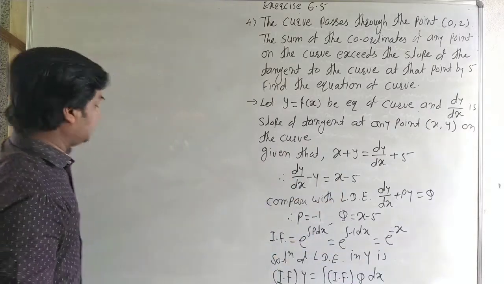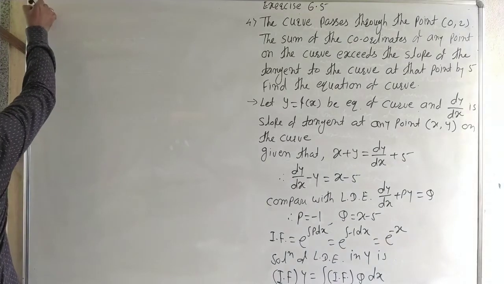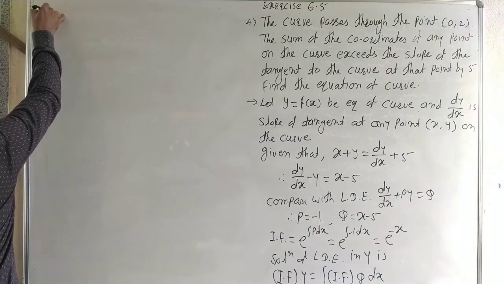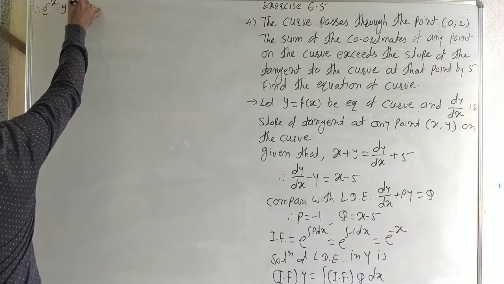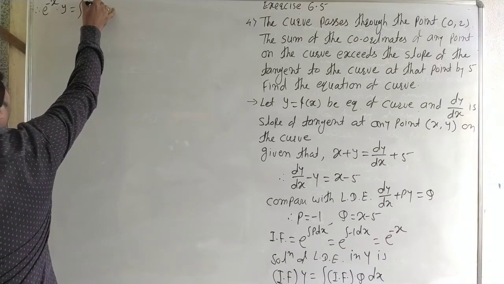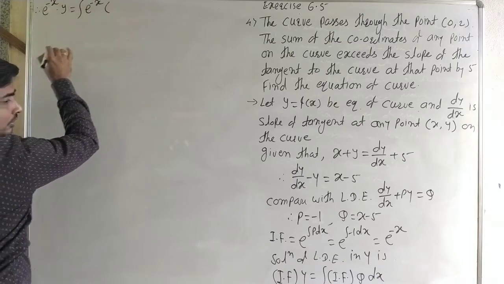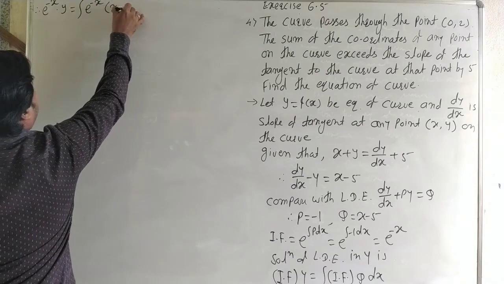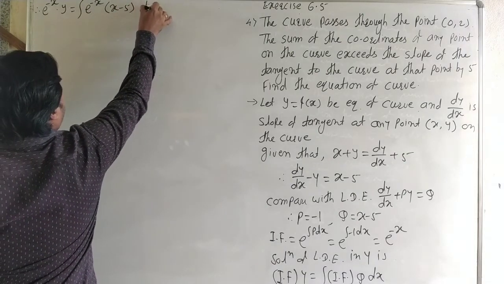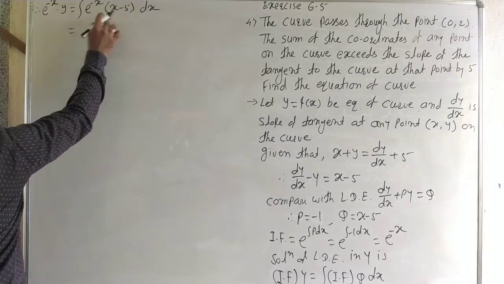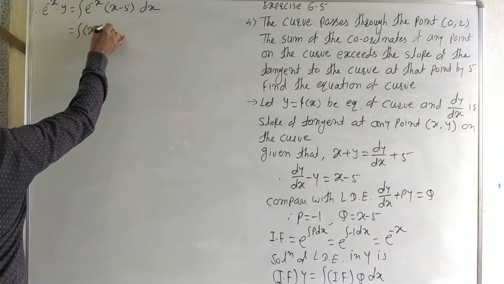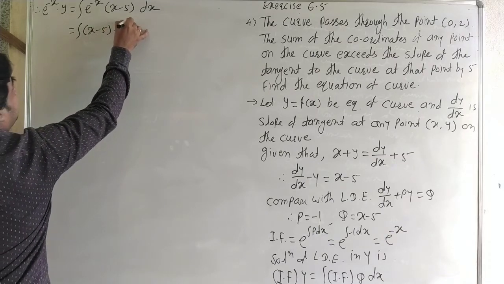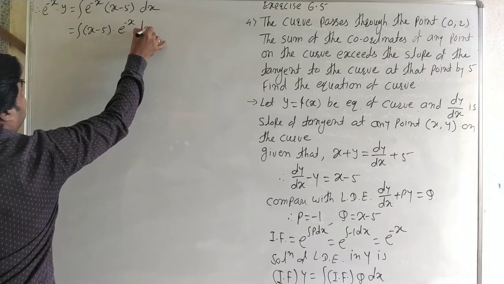Now we integrate it. Therefore, e to the power -x times y is equal to the integral of e to the power -x times (x - 5) with respect to x. Now here we use integration by parts, u times v. Since it is x - 5, the algebraic function is the first function and the exponential function is the second function.